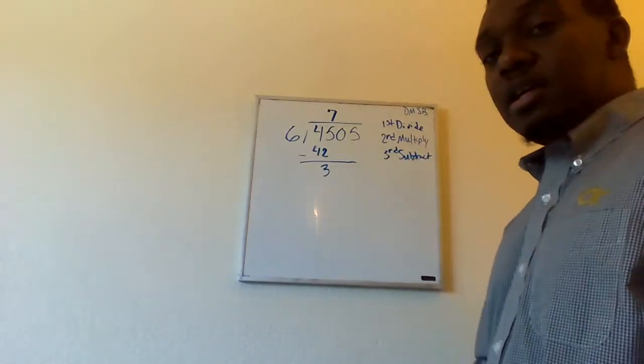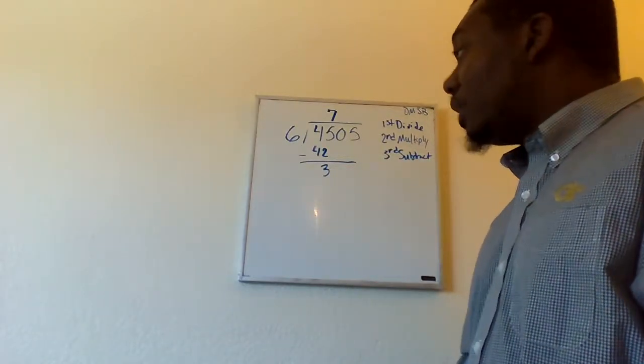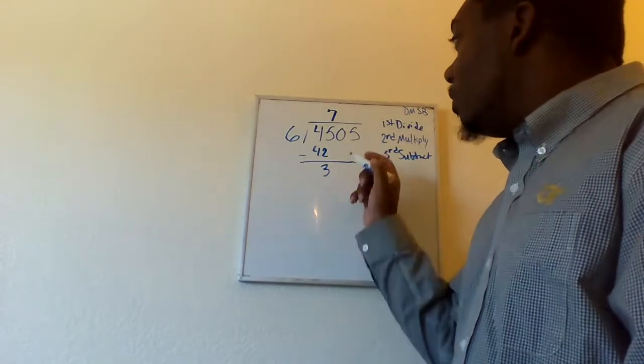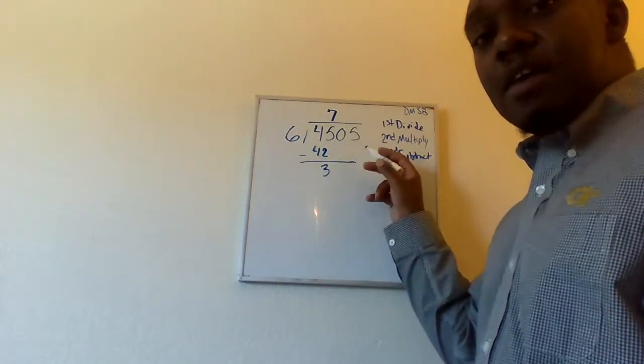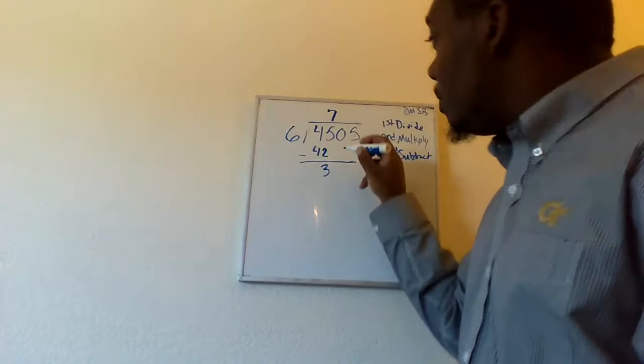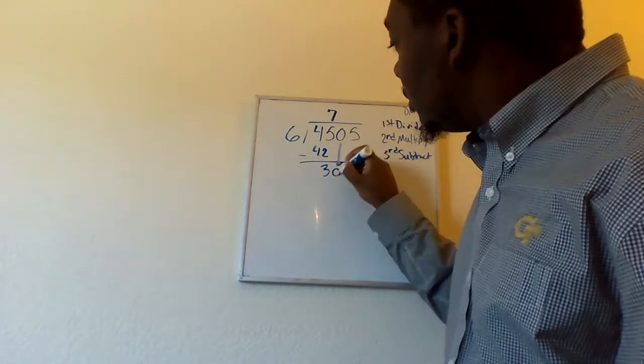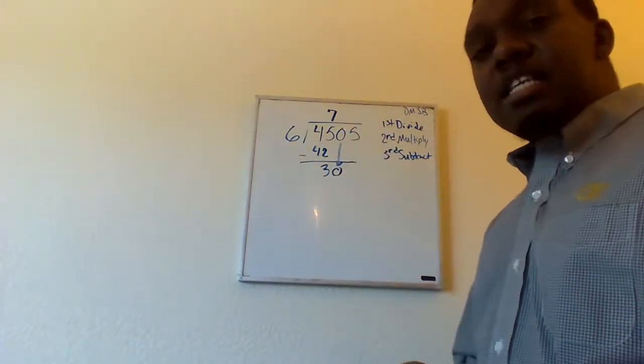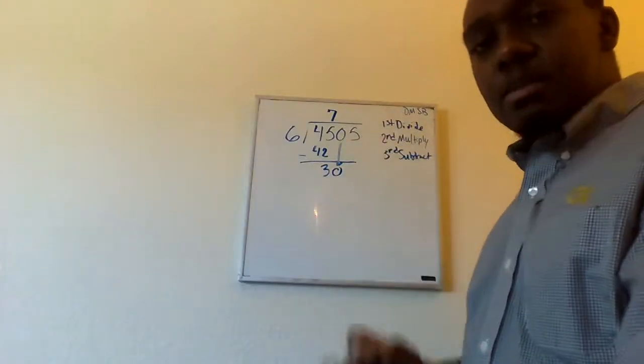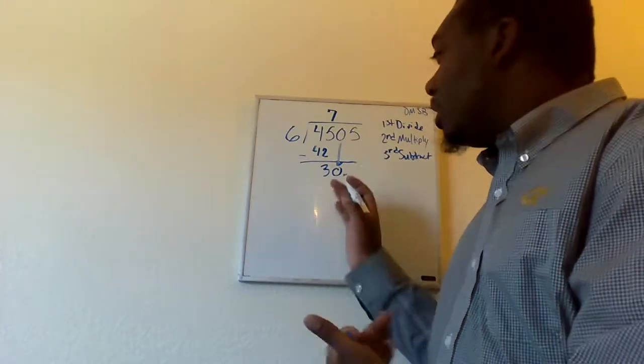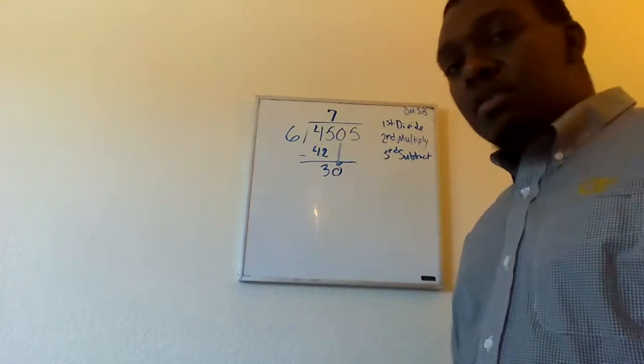Okay. Once we subtract, we then have remaining digits that we must use. So to use them, we need to bring them down. Sometimes teachers teach to bring everything down. Sometimes people teach to bring down one digit at a time. Either way is fine.